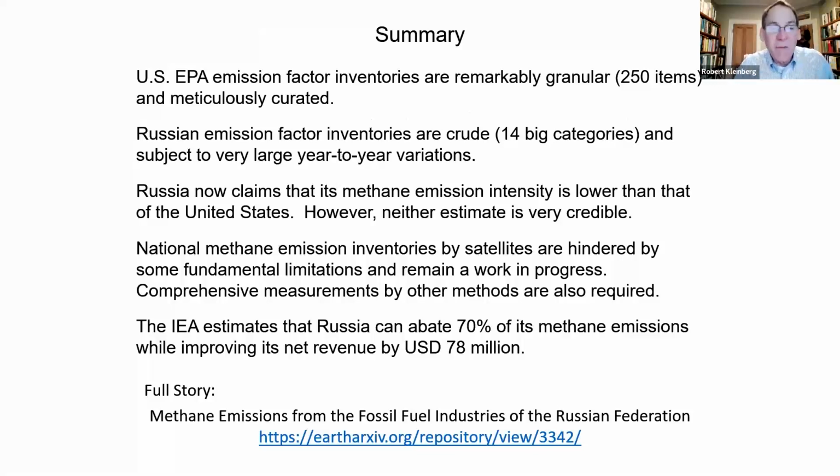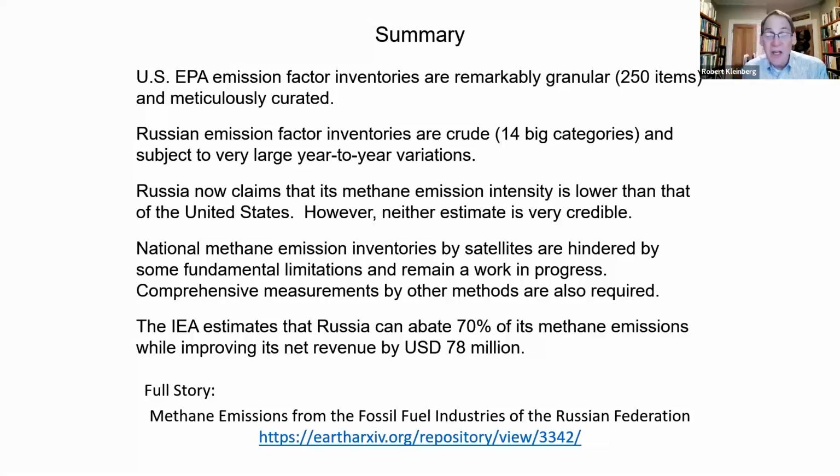Their emission factor inventories are pretty crude, 14 big categories, and subject to very large year-to-year variations, which have been all downhill lately, with a net of 89% reduction over 6 years. Not credible. Therefore, Russia now claims that its methane emission intensity is lower than that of the United States. But to be honest, the US inventory is also not very credible. It's much more careful, but let's face it, we all know that it's got some systematic problems.